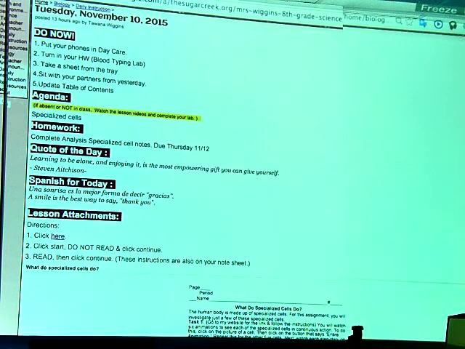Down here where it says lesson attachments, here are the instructions. It's going to tell you to click here. When you click there, it's going to take you to a website. Then it says click start. Do not click start when you get to that place. Then it's going to be another page. Don't read that information. You don't need to. And then click continue.